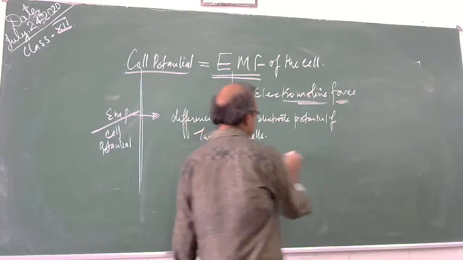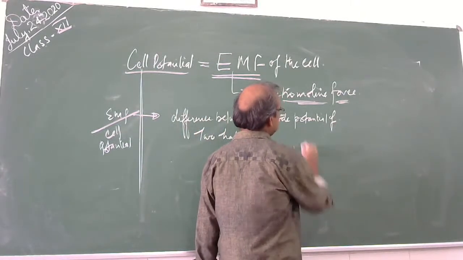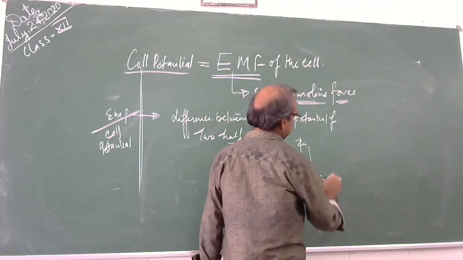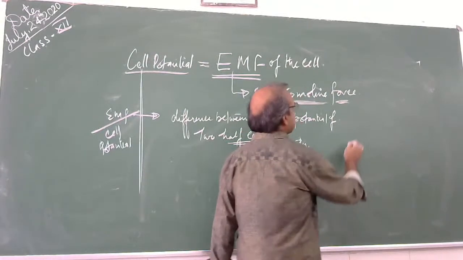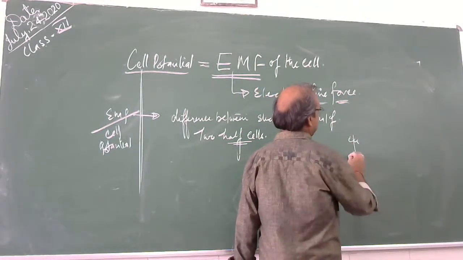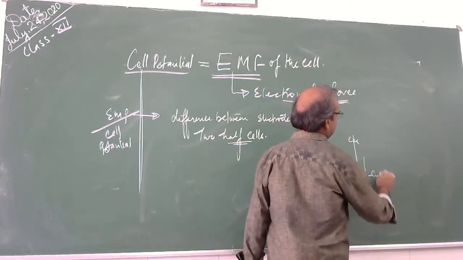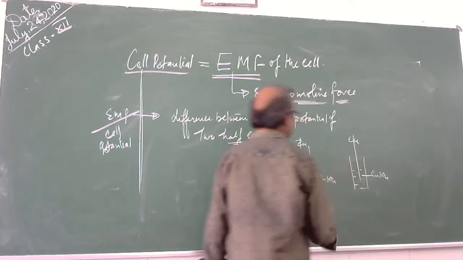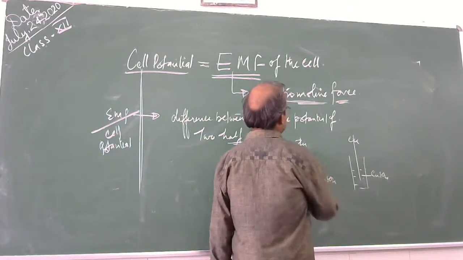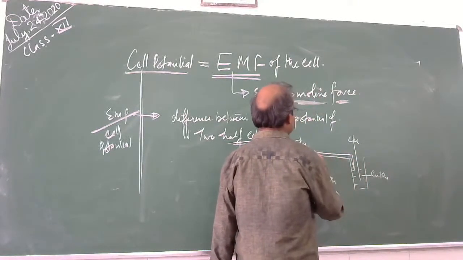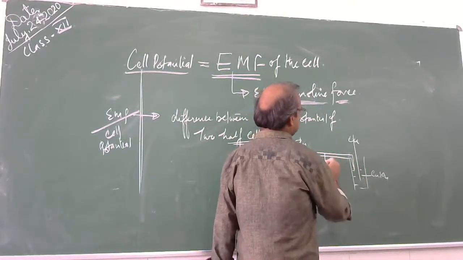Two half cells means the first one is zinc placed in zinc sulfate solution, and the second is copper placed in copper sulfate solution. These two cells are connected with a salt bridge.